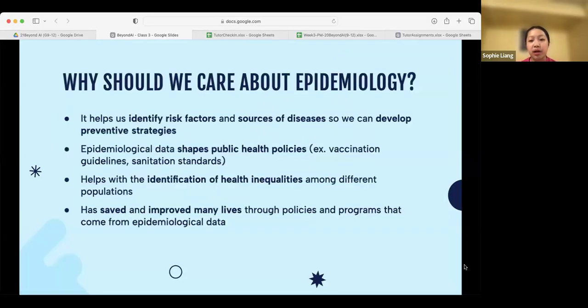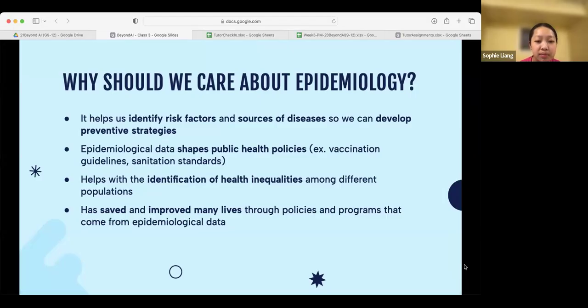So why should we care about epidemiology? Well, it helps us identify risk factors and sources of diseases so we can develop preventative strategies. These will help us prevent problems from happening before they become really bad. Epidemiological data also shapes public health policies, for example vaccination guidelines and sanitation standards, and these can also prevent big problems.